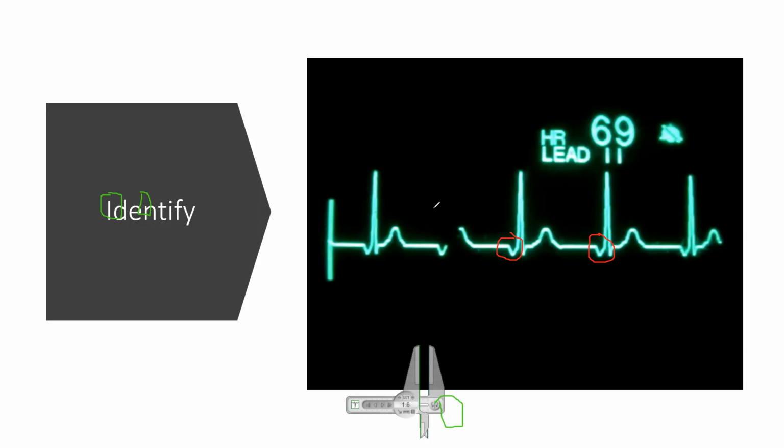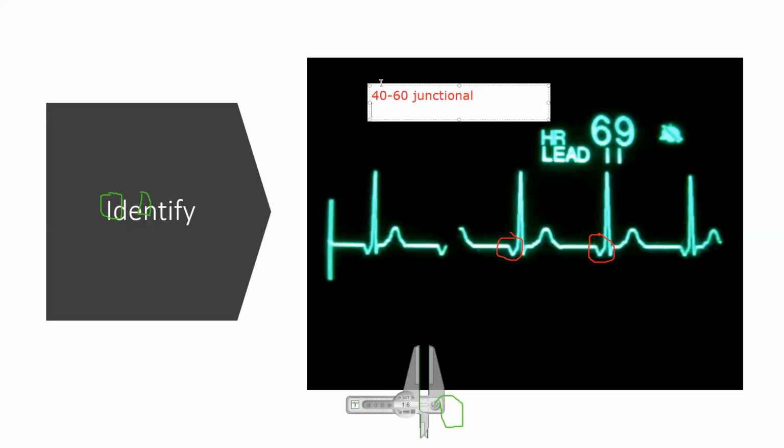And so there is a rate-related nomenclature as far as impulses that come from the AV node. So if the rate is between 40 to 60, we call this junctional rhythm. If the rate is between 60 to 100, then we call this an accelerated junctional rhythm.